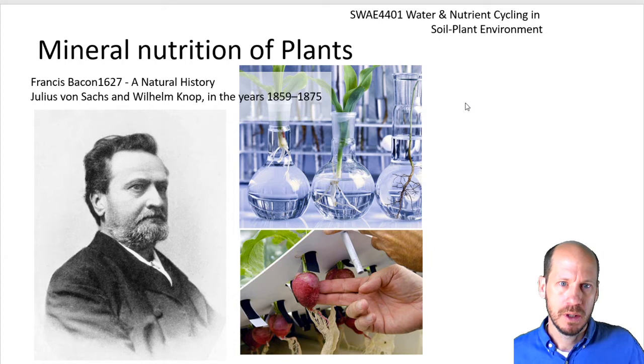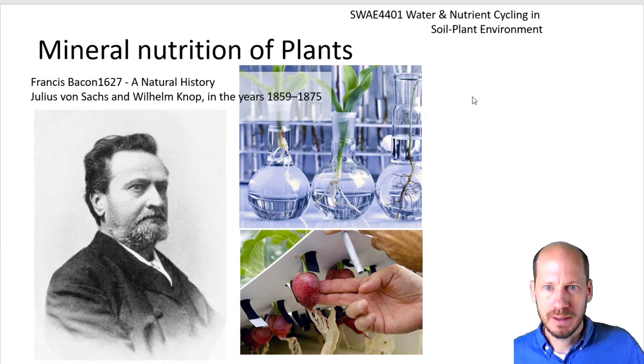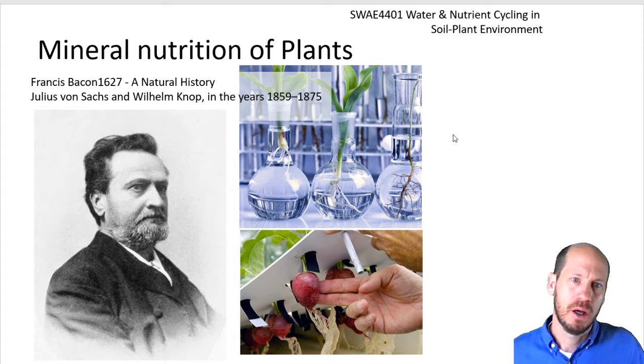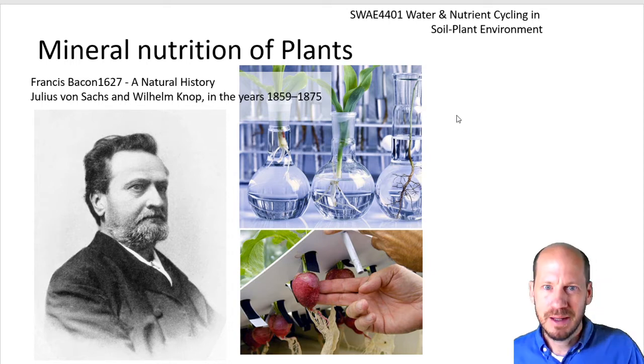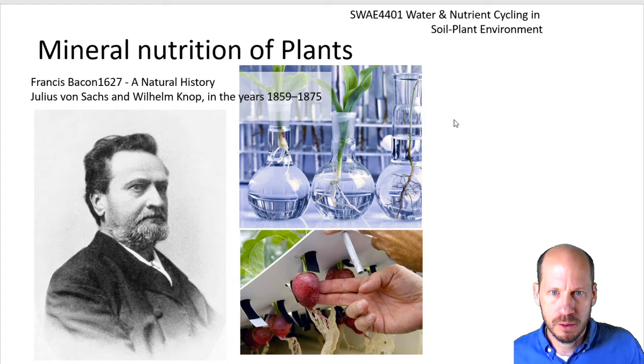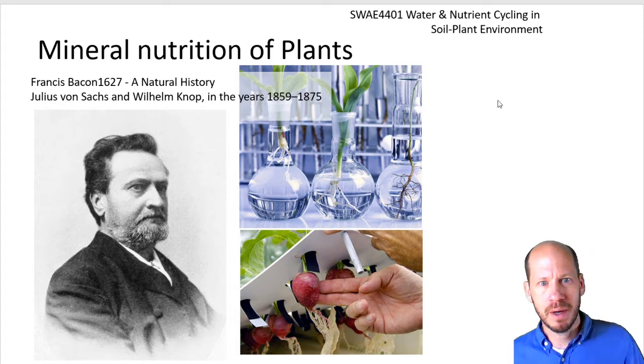Through hydroponics, we figured out in the 1800s, with Julius von Sachs and William Knop, that the nutrition of plants was through root absorption, or could be leaf absorption also, but the absorption of mineral ions, not organic molecules. So soil organic matter is not a nutrient for plants per se.